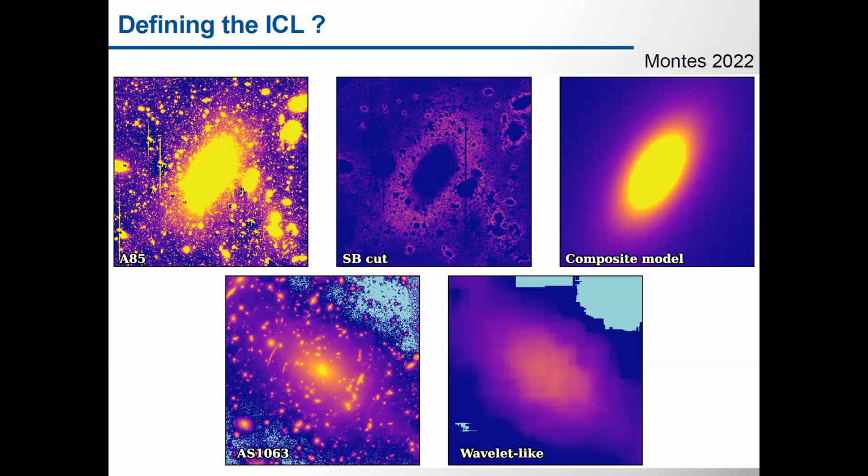We have a decomposition using two models, one describing the BCG and one describing the intracluster light component. And we have something that I call wavelet-like, which is basically some sort of filtering, conserving the most diffuse and extended component in an image.